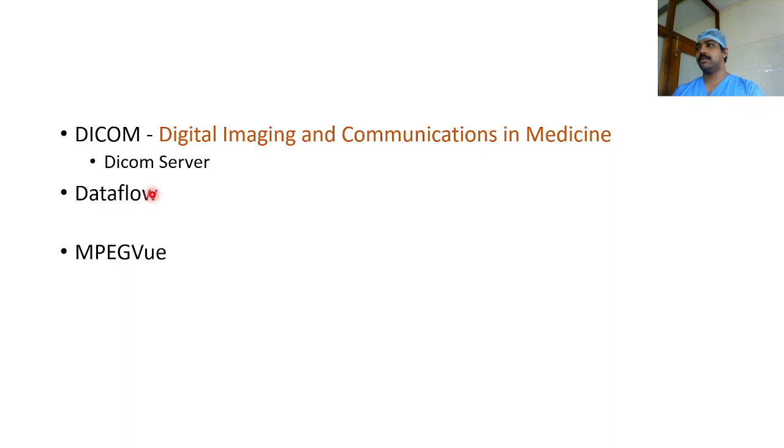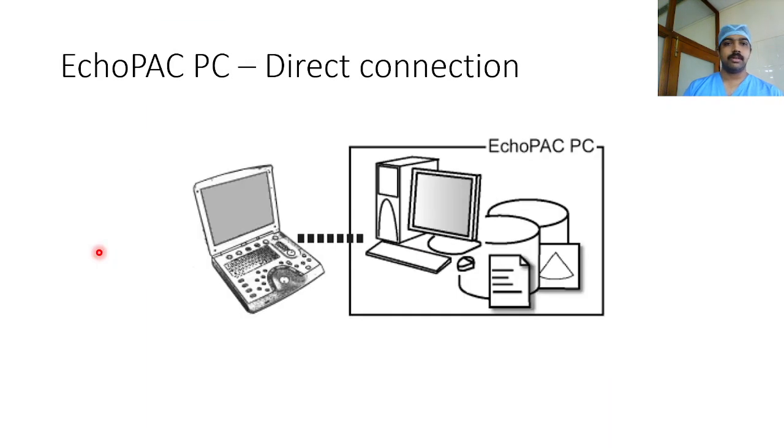There are various software called DICOM viewers to view this DICOM format, because we need to scroll slice by slice. There is also the MPEG view within our Echo machine itself. There is a function by which we can convert these DICOM images into MP4 files, which we can play on any computer.